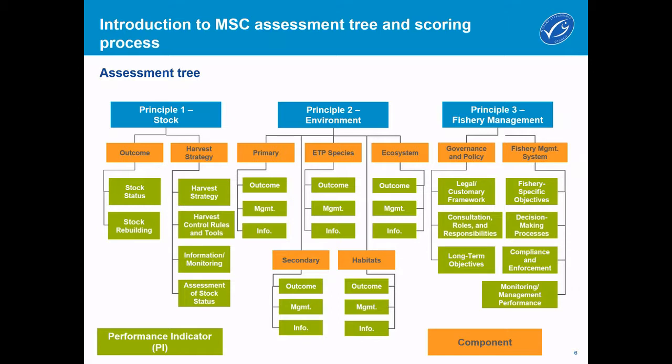Each performance indicator is further broken down into scoring issues. It's the scoring issues that you assign your scores to, and then you combine those scoring issue scores to give you your overall PI score, which sounds complicated, but it's not, and I'm going to walk you through it in just a minute.